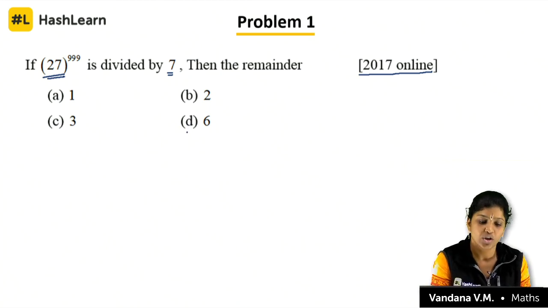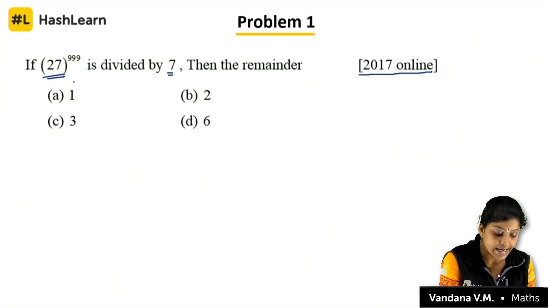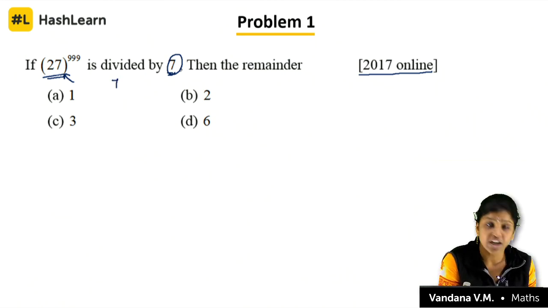Remember, children, if you want to use the binomial theorem, you need 2 terms, isn't it? For this, we need the nearby multiple of 7, because they only said it is divided by 7. So near to this number, which multiple will we get?